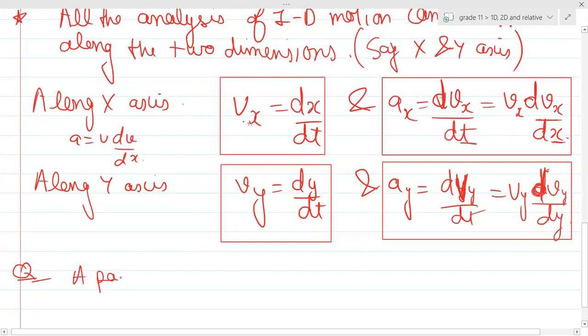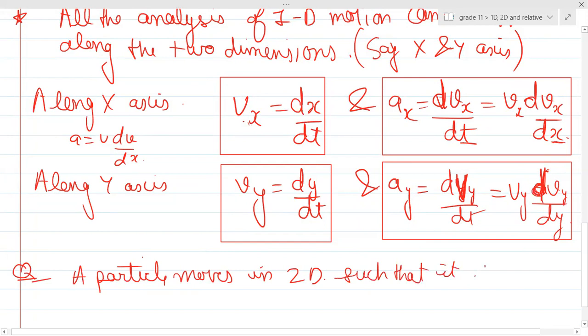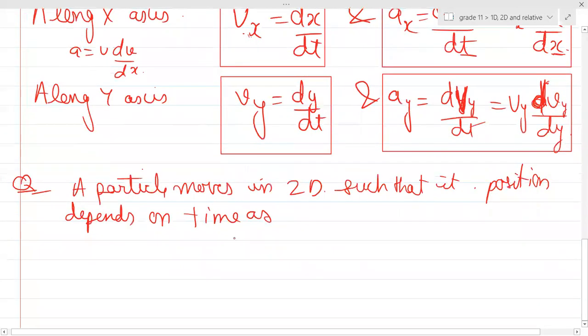A particle is moving in two dimensions such that its position depends on time as: the x coordinate is 4t square plus 2t plus 3, and the y coordinate is basically 5t plus 7.